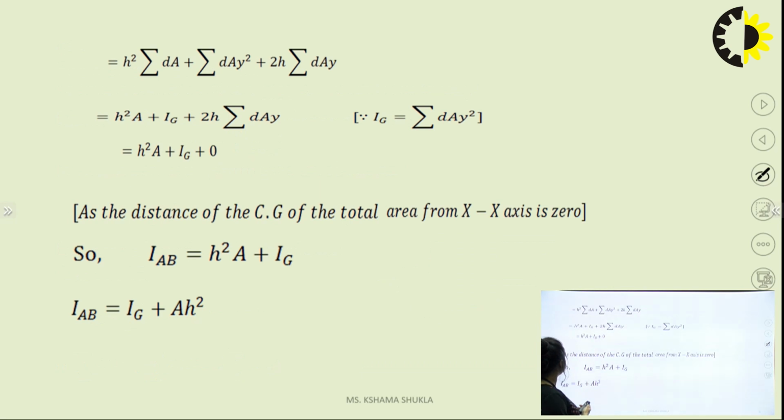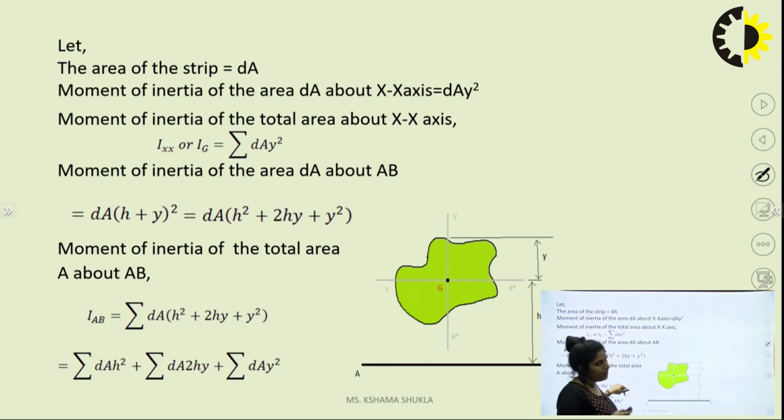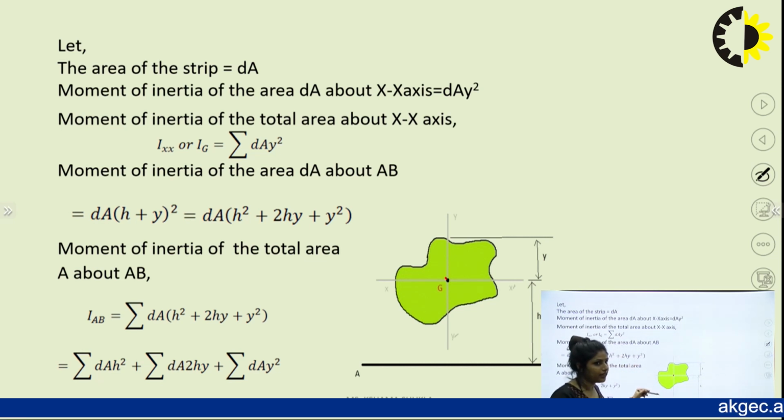That is, IAB is equal to IG plus A h bar square. IG is the moment of inertia about the neutral axis, A is the area of that particular section, and h bar is the distance from the centroid to the reference axis. Understand it: h is the distance between the CG and the reference axis that is given to you.